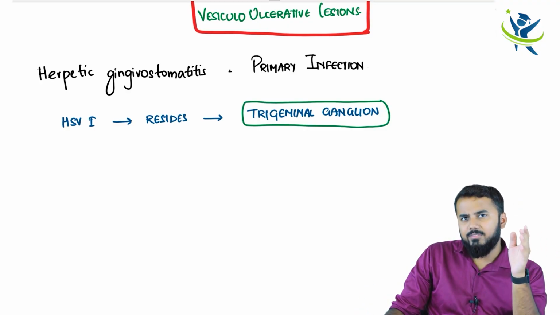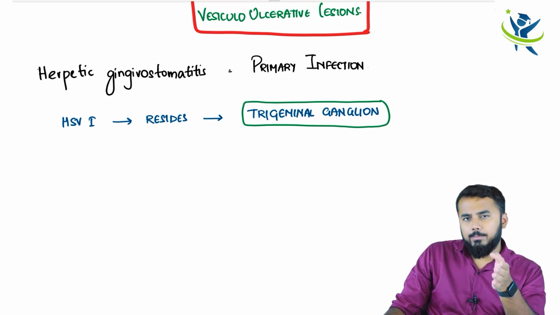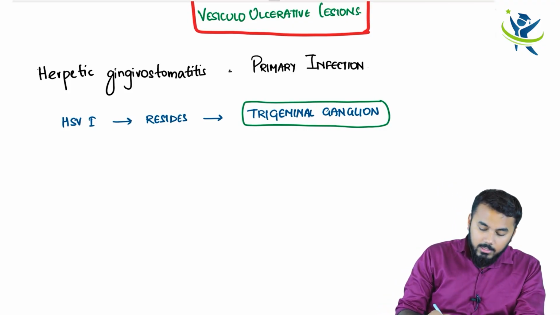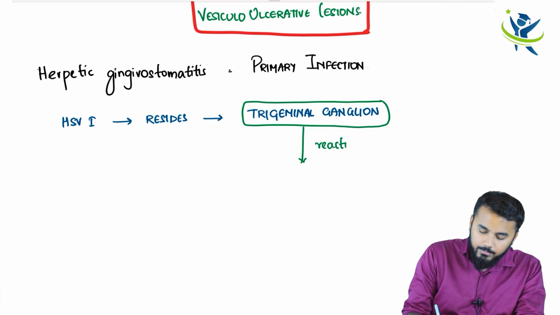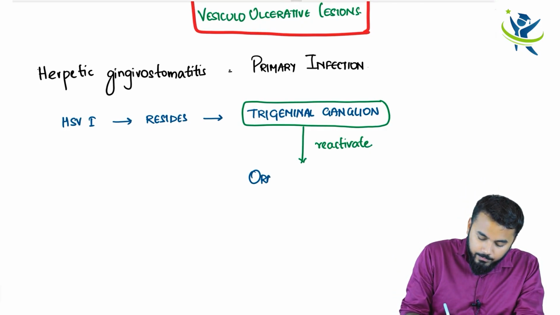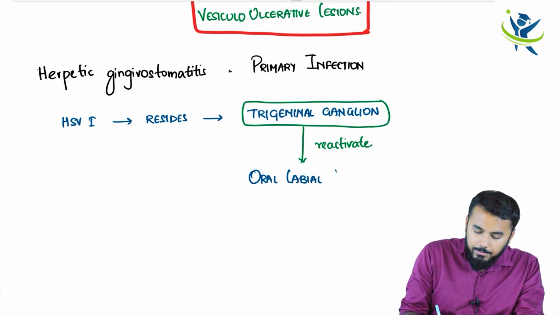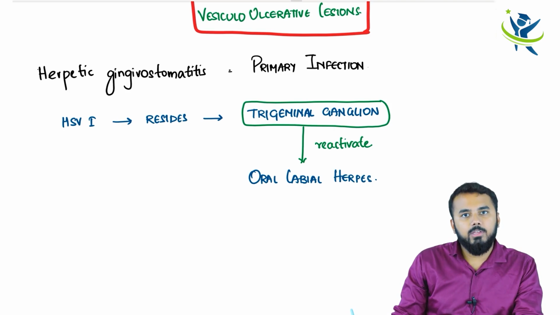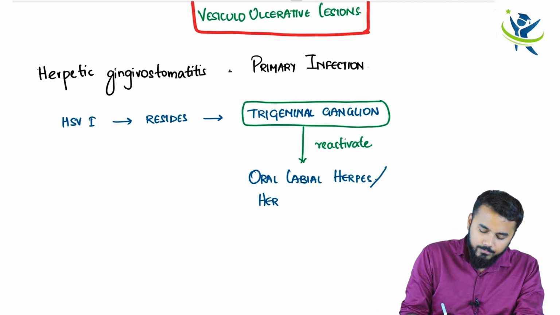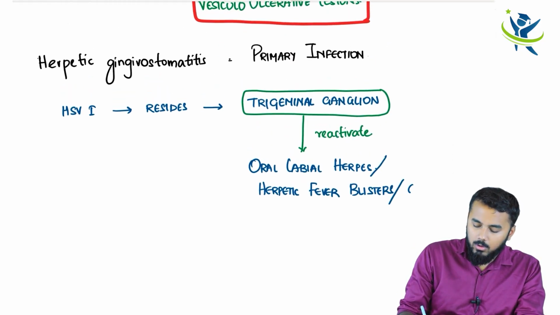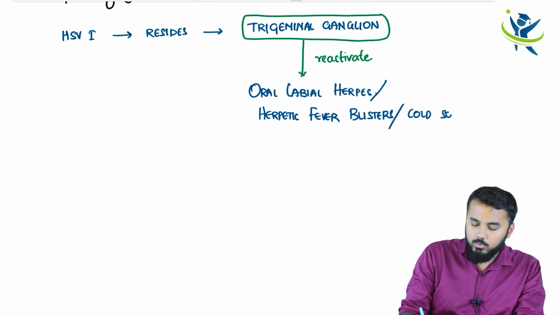But if the patient is having recurrent herpes infections, this HSV-1 which was sleeping in the trigeminal ganglion will reactivate, and cause a disease called oral labial herpes, also called herpetic fever blisters, or cold sores.